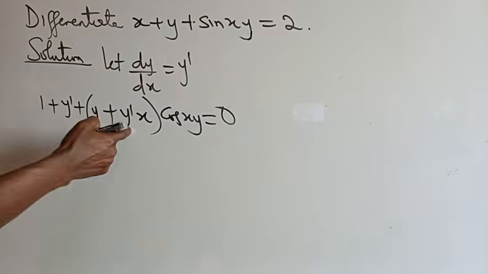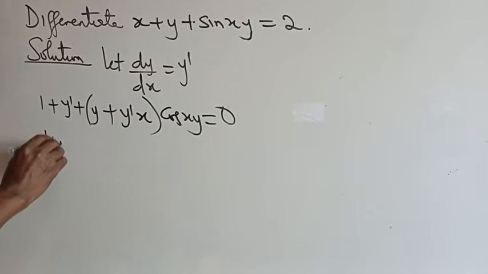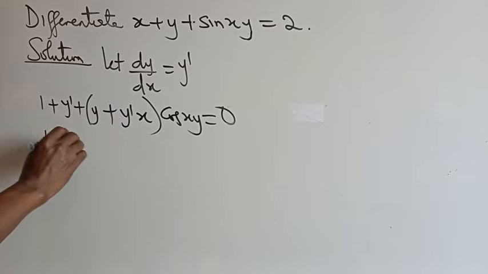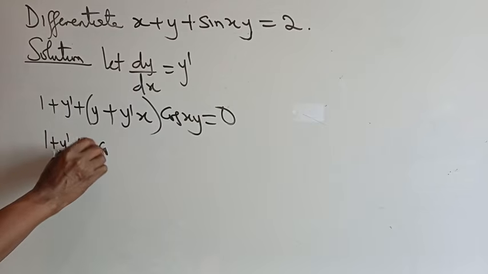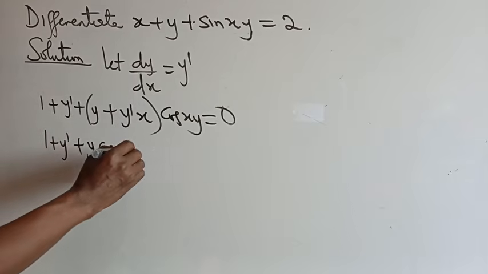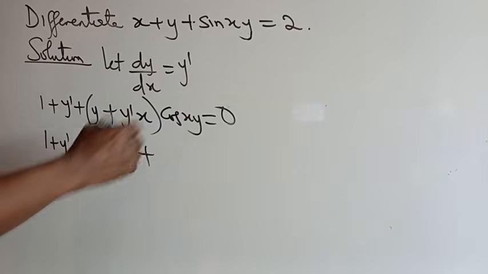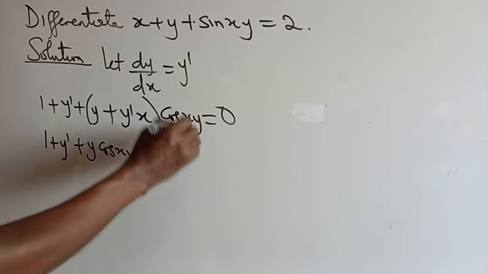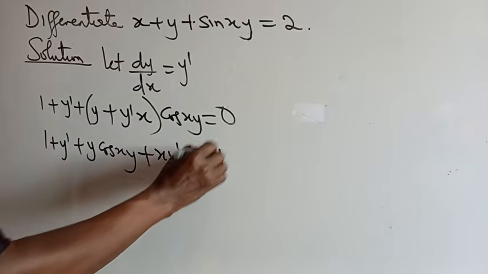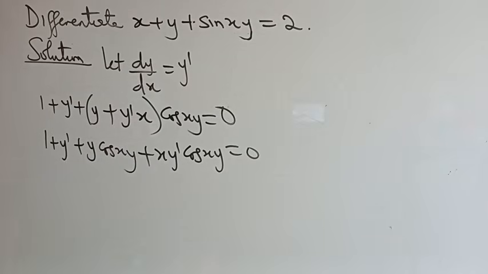Beautiful. So we can expand this and have 1 plus y prime plus y cos xy, plus y prime x times cos xy. You can write it as xy prime if you like, the same thing, or y prime x cos xy equals 0. Fine.